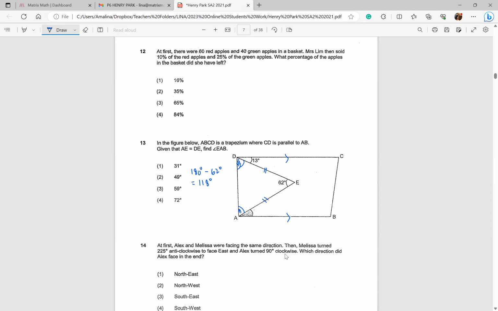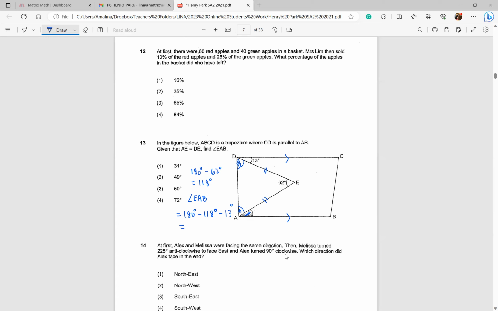Okay. Then you want to find this angle here at this corner. So remember your trapezium. Some of the angles in between your parallel lines give you 180 degrees. So if I want to find angle EAB, okay, I will take my 180 minus my 118 and then minus my 13 degrees.